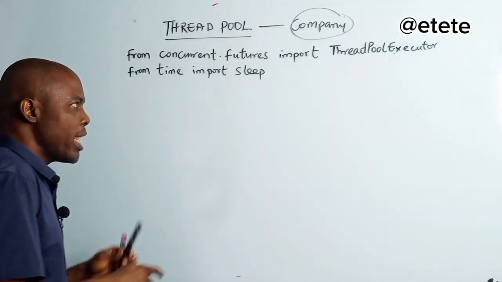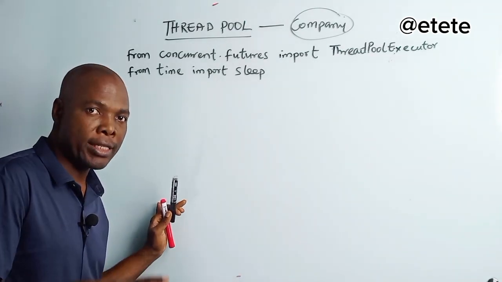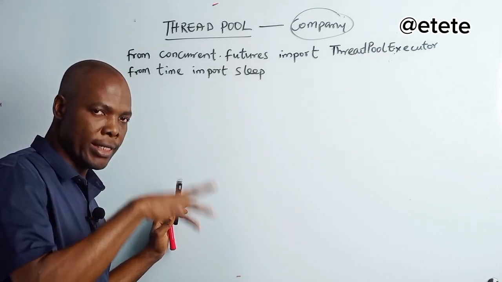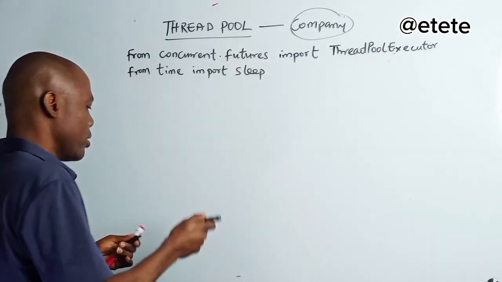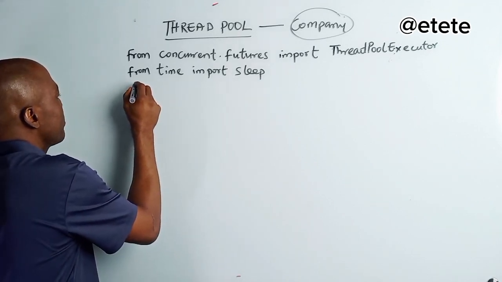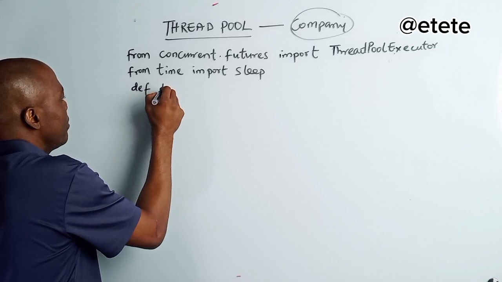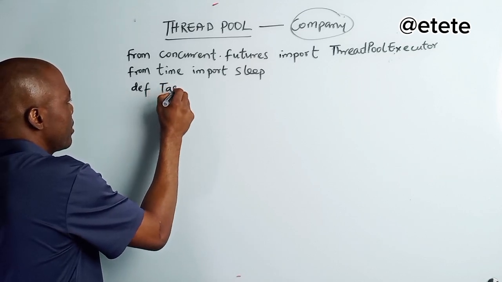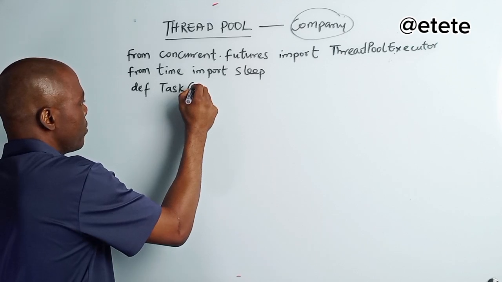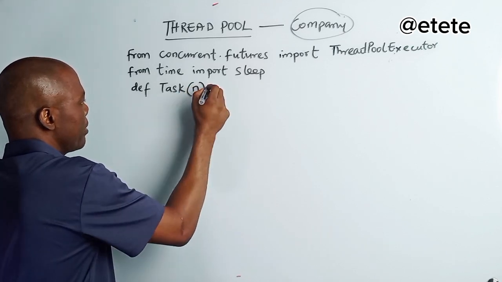All right. So the next thing is I'm going to create a task that I will assign to the threads that will be inside this pool. So I will define task, and this task will expect one parameter, which is n.